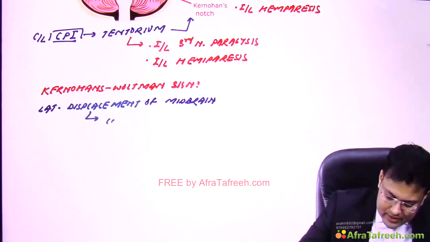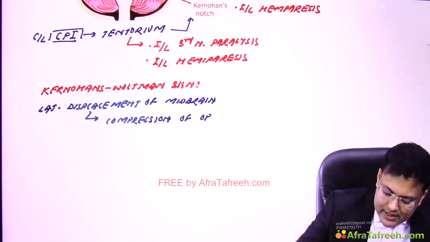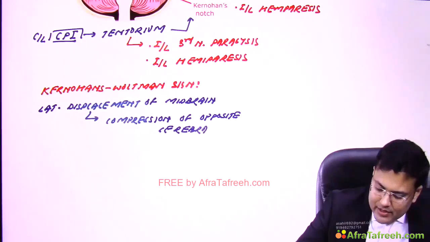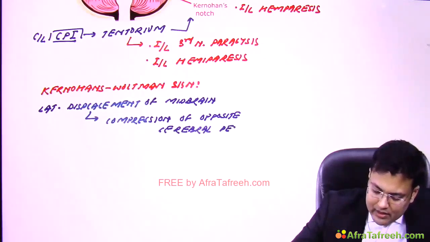So there is compression of the opposite cerebral peduncle, right? And because of this compression, there is positive Babinski sign.